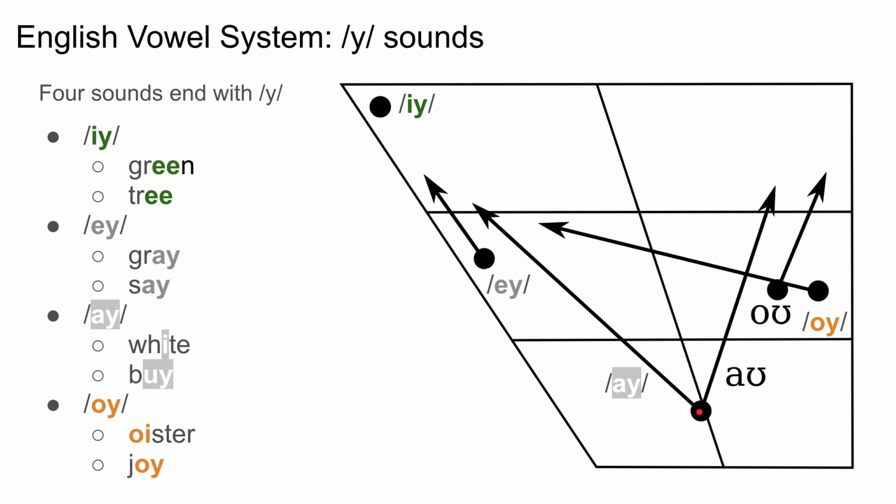My tongue moves from the bottom, middle to the front, up. Okay, front, top. So for example, buy and white. Okay, you can see that my tongue will move to the front. Oi, as in oyster, as in joy, moves from the back middle to the front middle. So oyster and joy. Okay, moving on now.